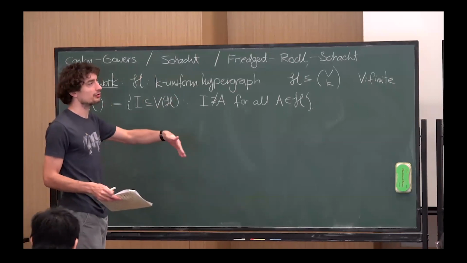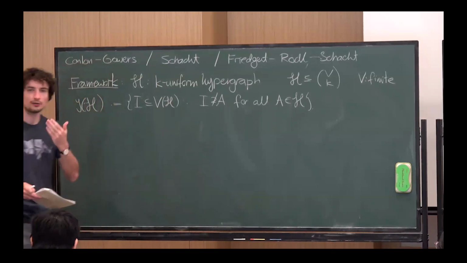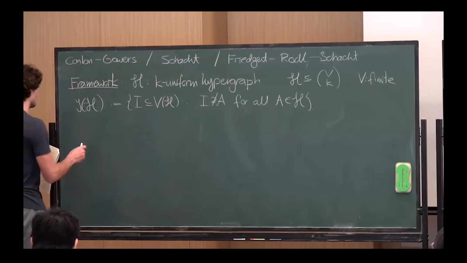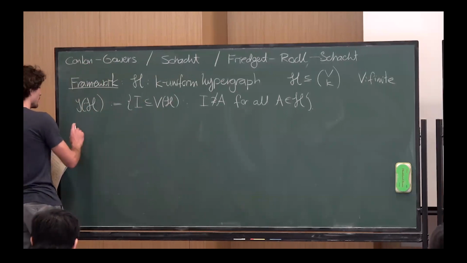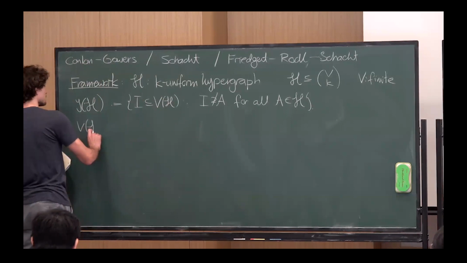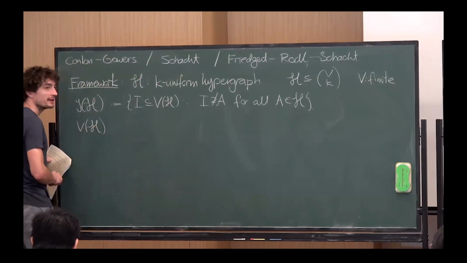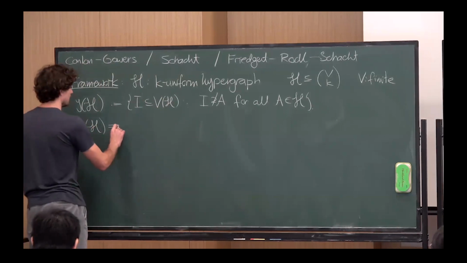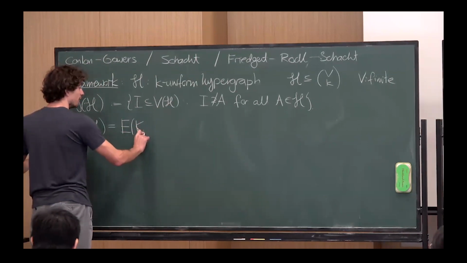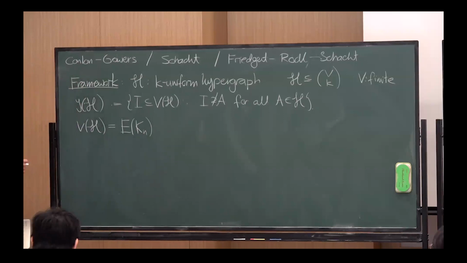In particular, the entire discussion about triangle-free subgraphs of the complete graph can be expressed in this abstract sense in the following way. What are triangle-free subgraphs? They are in fact independent sets in the following hypergraph. I can let the vertices of the hypergraph be the edges of the complete graph.